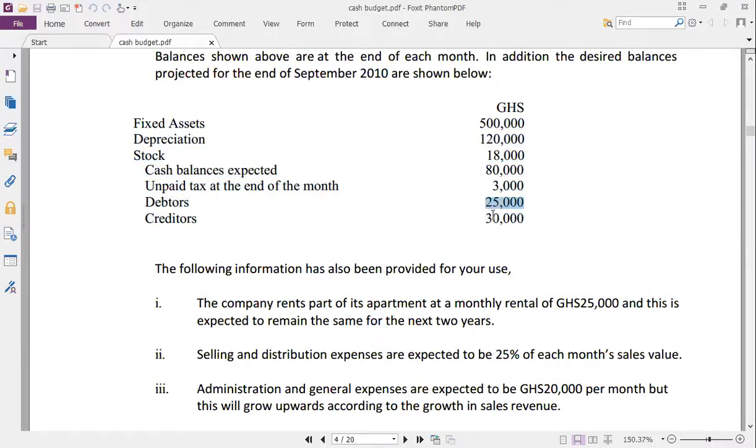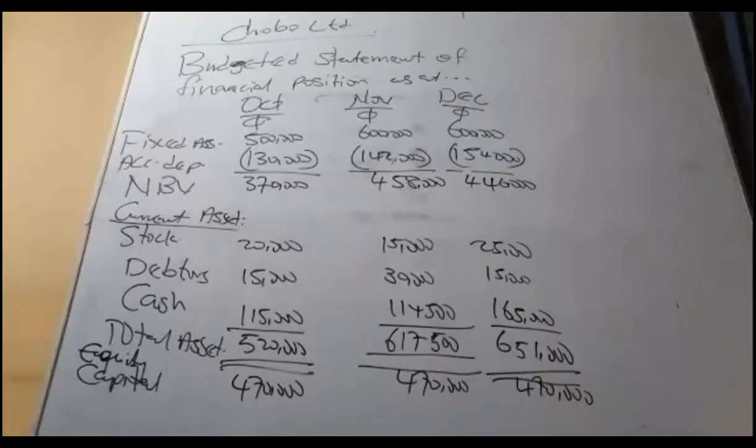Now let's do the liabilities. First, the unpaid tax 3 plus creditors 30,000. Whatever you get, that's the capital, 470. We are done. Good.